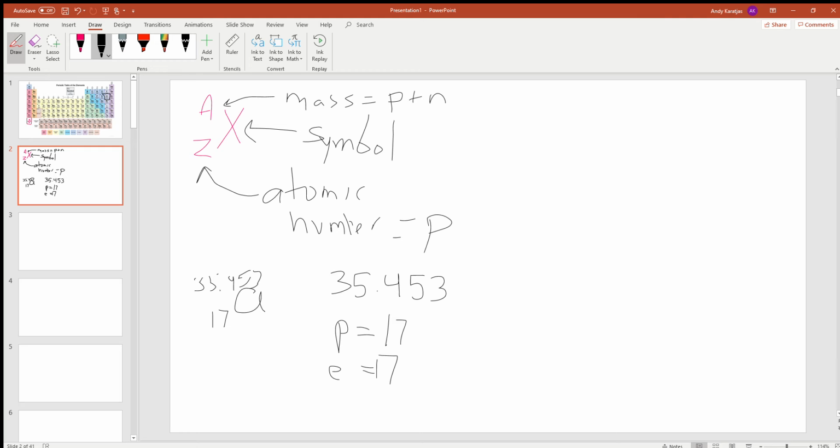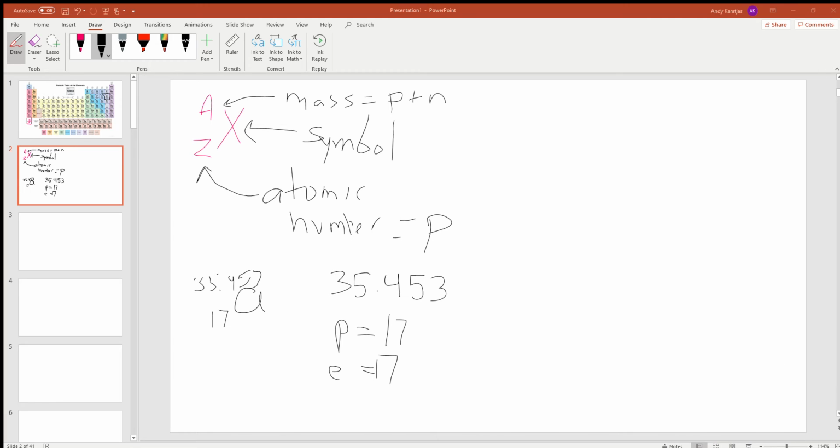But what about the number of neutrons? And in fact, it becomes a little bit more challenging here, because 35.4 is almost halfway between 34 and 35. And we can't have half a proton. That doesn't really make any sense.